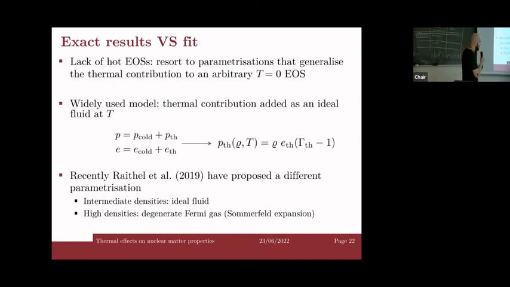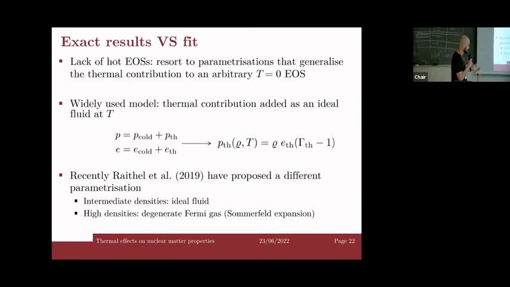As a first step, of course, this is valid because, again, if we want to generalize the largest number of cold equations of state that we have so far, it's a fair approximation. But again, this overestimates the contribution of the thermal pressure at high densities, because as I told you, at high densities, the thermal effects are less important.